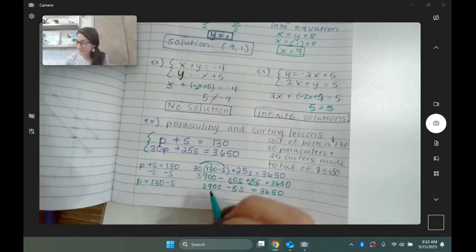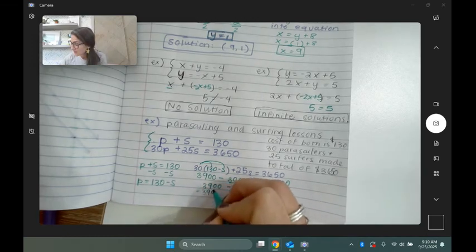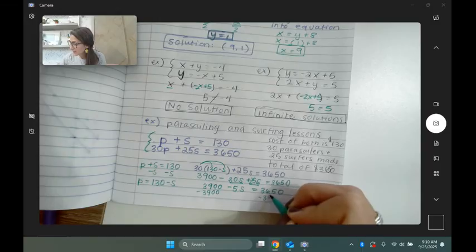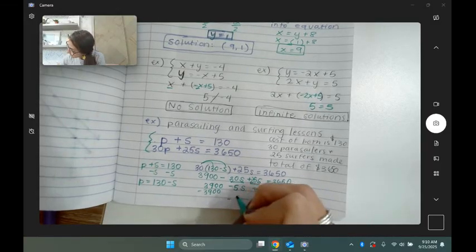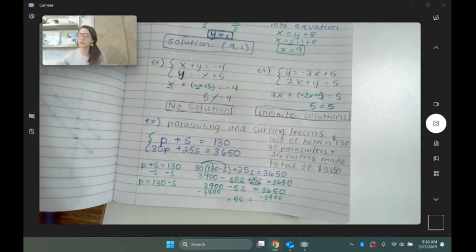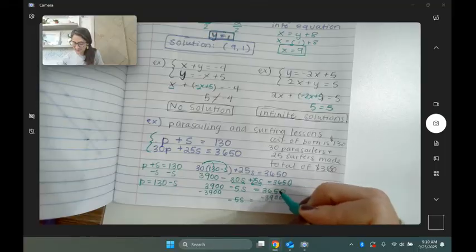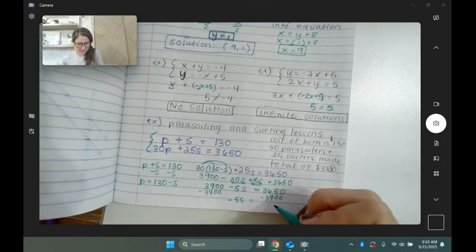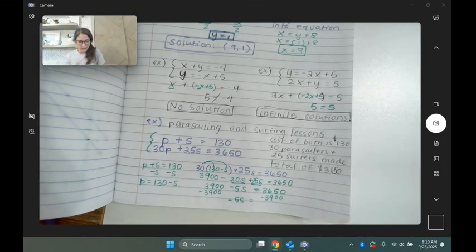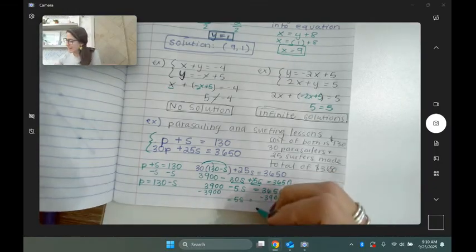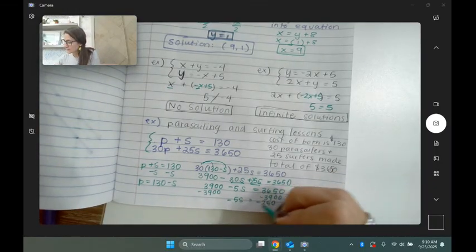Get S by itself, so let's subtract 3,900 from both sides. Oof, it's going to be tight. So negative 5S equals, where's my calculator? 3,650 minus 3,900 is negative 250.